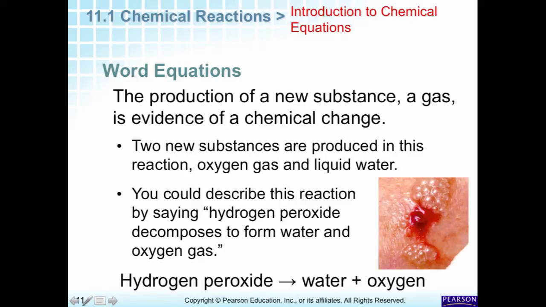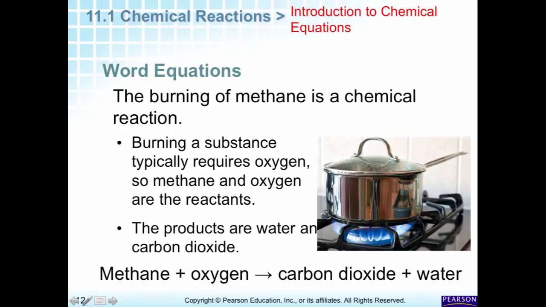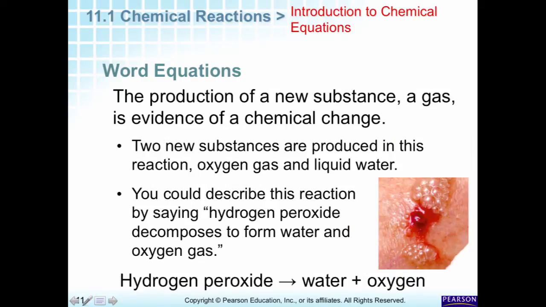All right, here's something that you've probably used before. We've got some hydrogen peroxide somebody put on their cut, and it's bubbling. So sometimes, if a chemical reaction has occurred, we will notice something. In this case, we noticed that gas was generated.